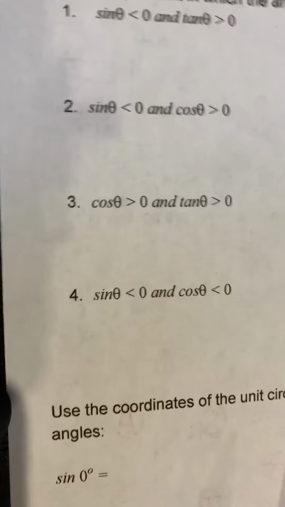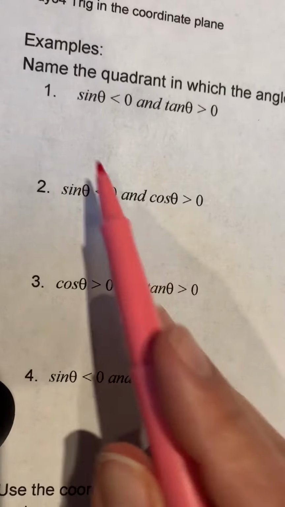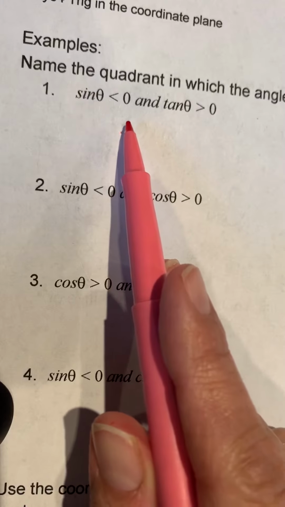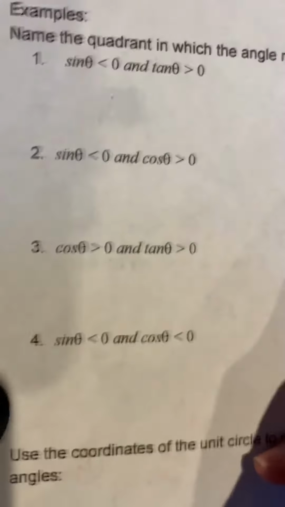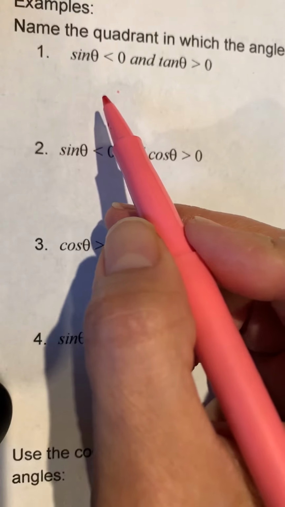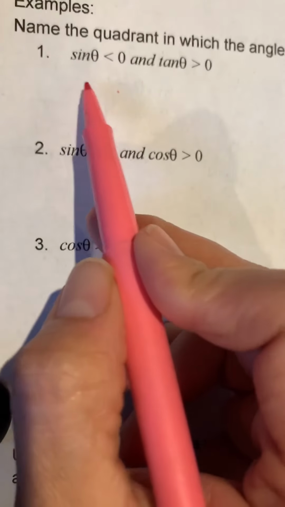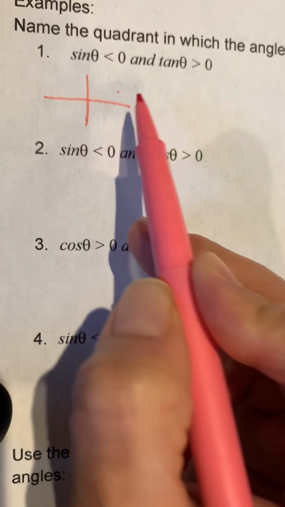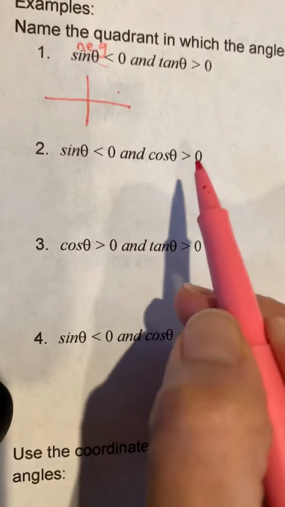Okay, so now, lastly, we're going to finish this off. You're going to have sine of theta is less than 0, tan of theta is greater than 0. All you have to do is state the quadrant. Now, these are very popular and very confusing at first, but if you just work it out like this, if you see that sine is less than 0, this means sine is negative, right?